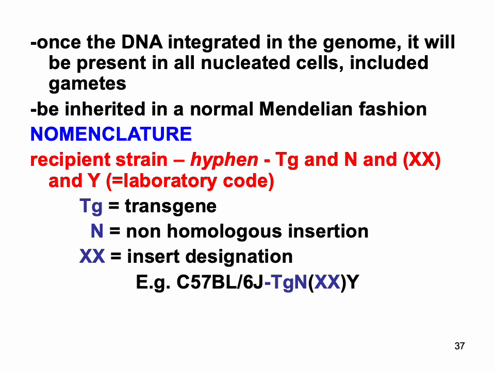The nomenclature includes recipient strain, hyphen, letters TG and N, and XX and Y. TG stands for transgene, N for non-homologous insertion, and XX for insert designation. For example, C57BL/6J-TgN(XX)Y.